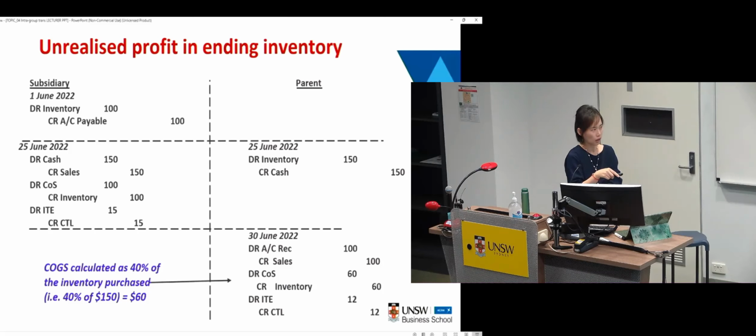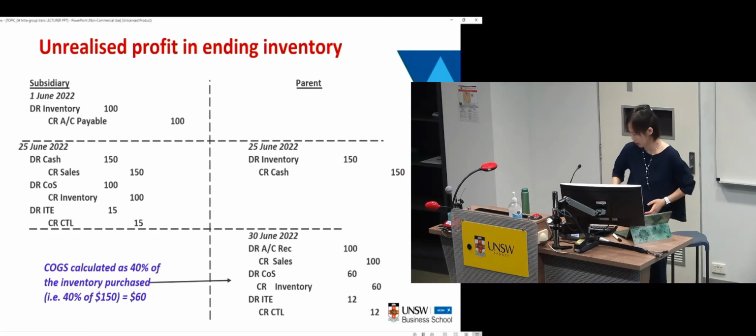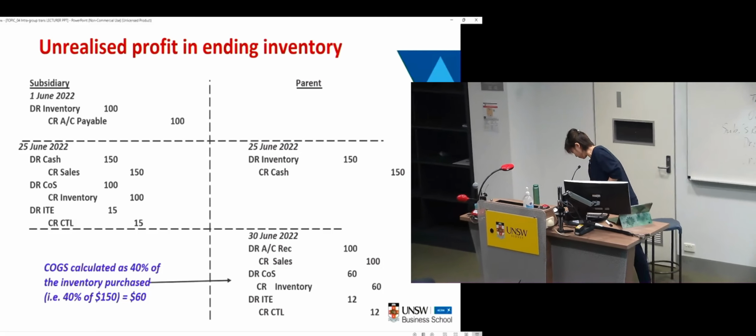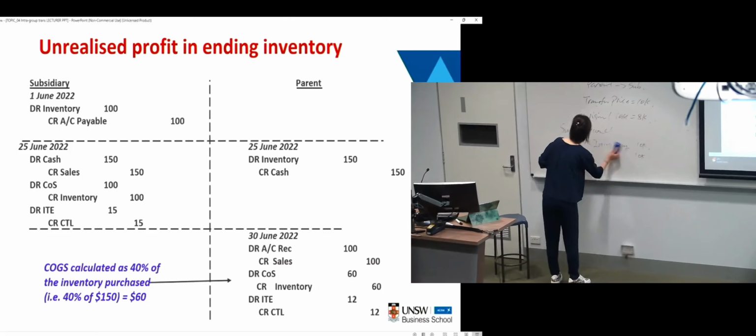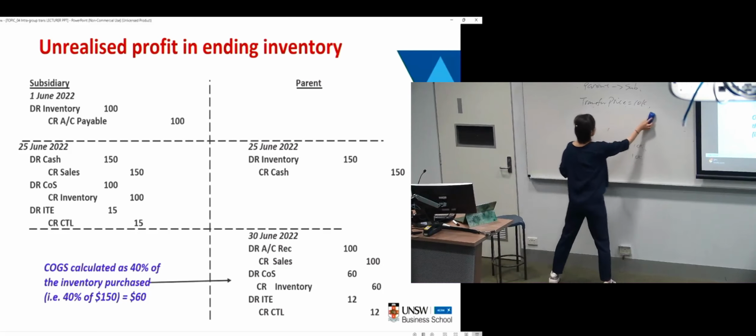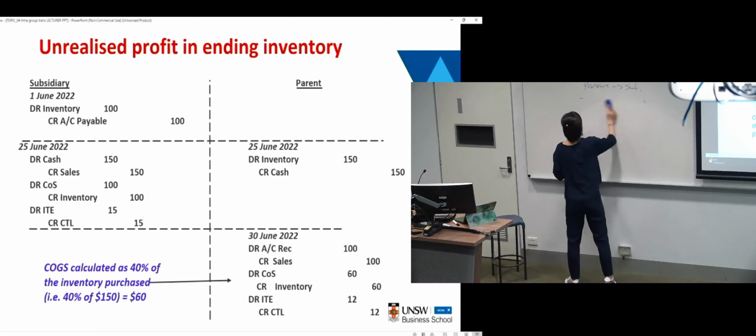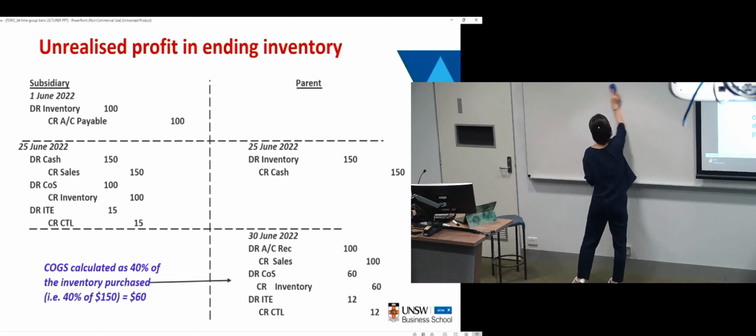Now look at the cost of sale. What is the cost of sale from the group perspective? Think about the cost of sale from the group viewpoint. 60? Is that 60? The 60 is recorded by the legal entity. So I would suggest you draw a table and do some further analysis, because this situation is a bit more complicated compared to the previous one, right?